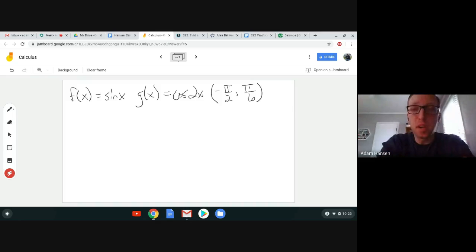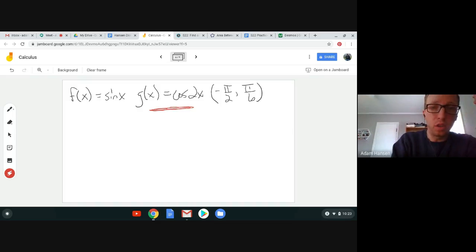Of course, you could always plug a number in between negative pi over 2 and pi over 6. For example, 0. The sine of 0 is 0. And the cosine of 2 times 0, well, cosine of 0 would be 1. When I graph these here in a second, I should get this function on top and this function on bottom. When I plugged in a test value, such as 0, I got a higher value here than I did here, 1 versus 0.